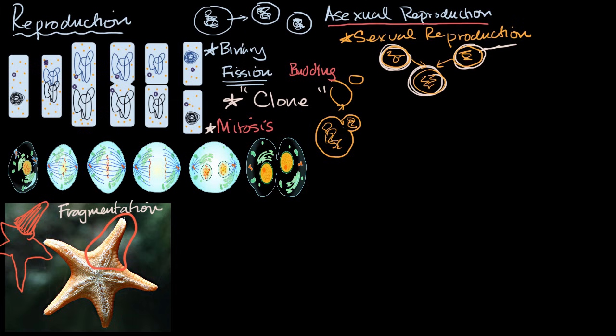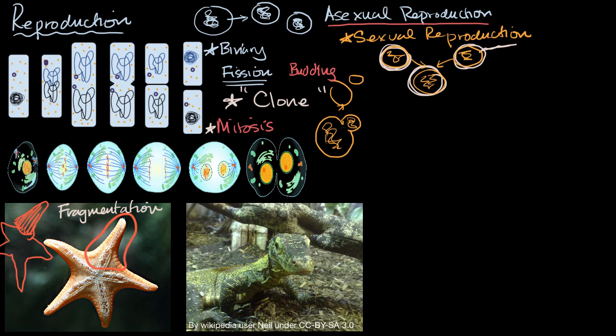Now, another fascinating type of reproduction is known as parthenogenesis, and it's a fancy word. Parthenogenesis. And what happens here is you have an organism, and this is a baby Komodo dragon right over here, that can develop from an unfertilized egg.